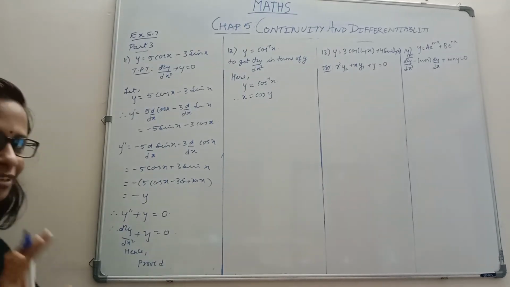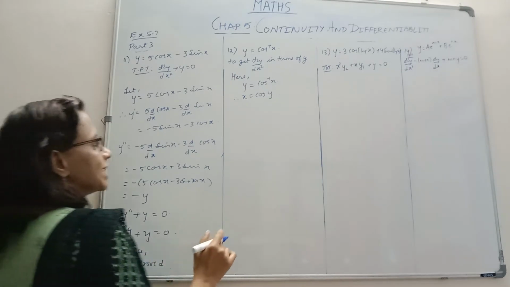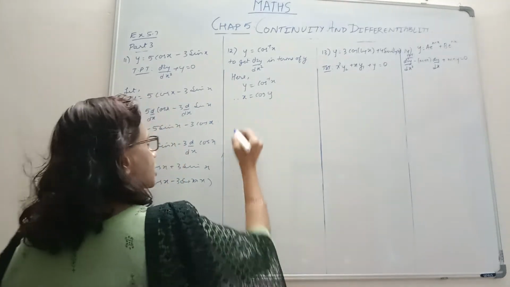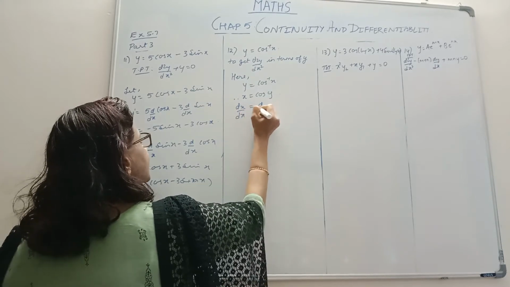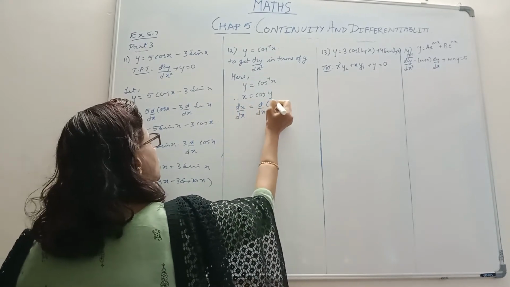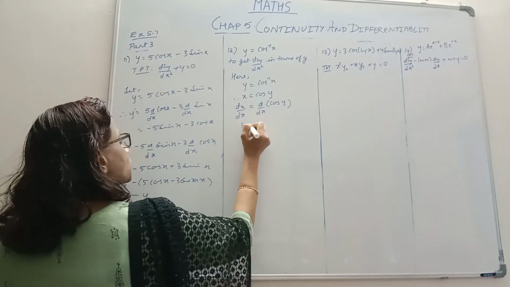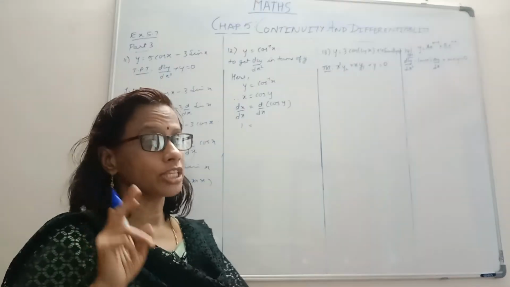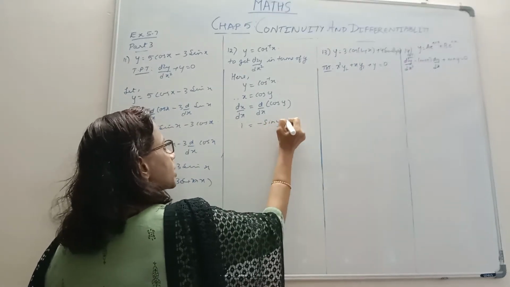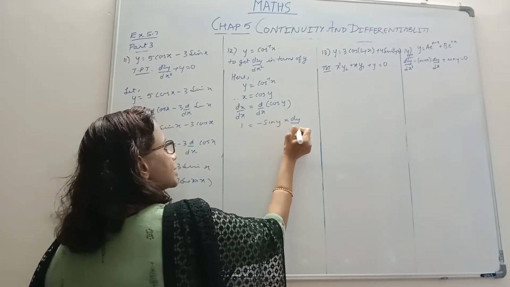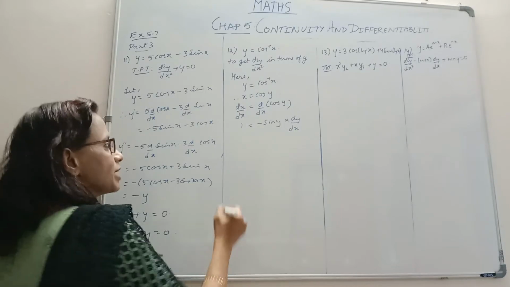Then we'll come back. Let's take the derivative with respect to x on both sides. So dx by dx, and this is d by dx of cos y. dx by dx we know is 1. The derivative of cos y with respect to y is minus sin y. But this is with respect to x, so we should write dy by dx. Right. So what are we left with?